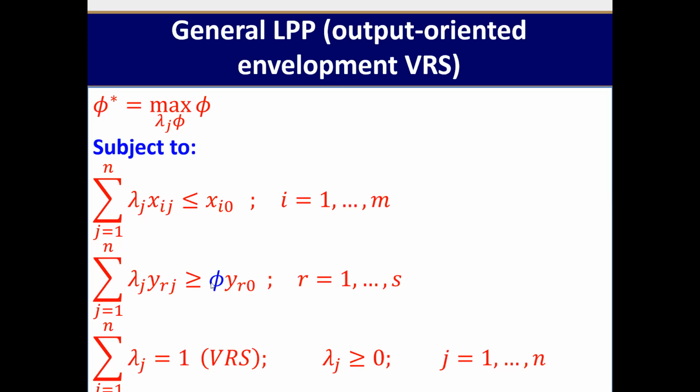Doc, please, can you scroll up a bit? I can't see the VRS. Okay. So the next constraint is the VRS. But if you are doing it under CRS, this constraint, where the sum of all the weights is equal to 1, is dropped. And then we have the non-negativity constraint.